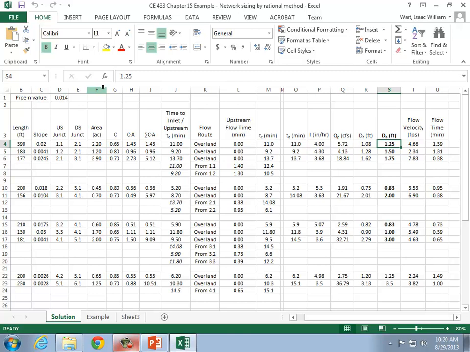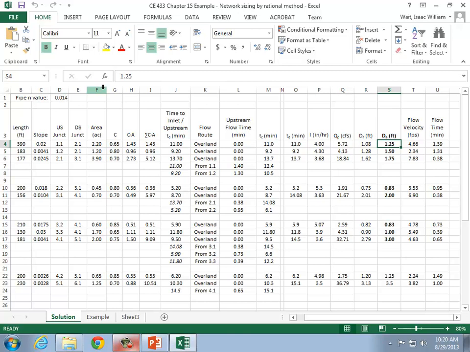Now 13.7 is how long it takes to flow over the surface, but then remember that there's a couple of different flow paths to get into pipe C. There's what's getting in directly, and so that direct has the time of 13.7.